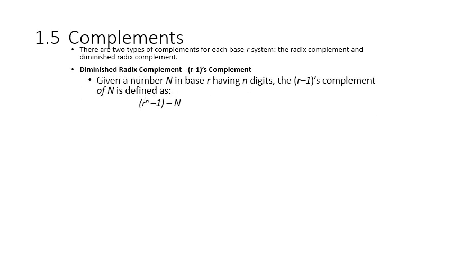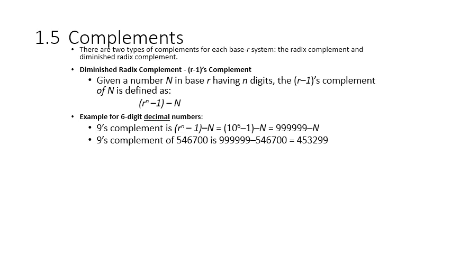So the formula for r minus 1 complement is r raised to power n minus 1 minus N, where capital N is the number for which you are finding the complement, and small n is the number of digits in the number.